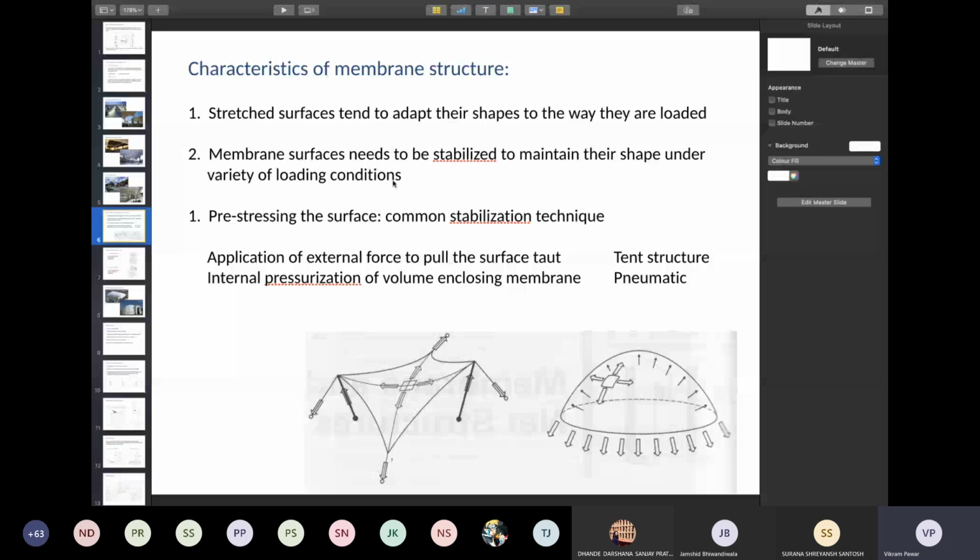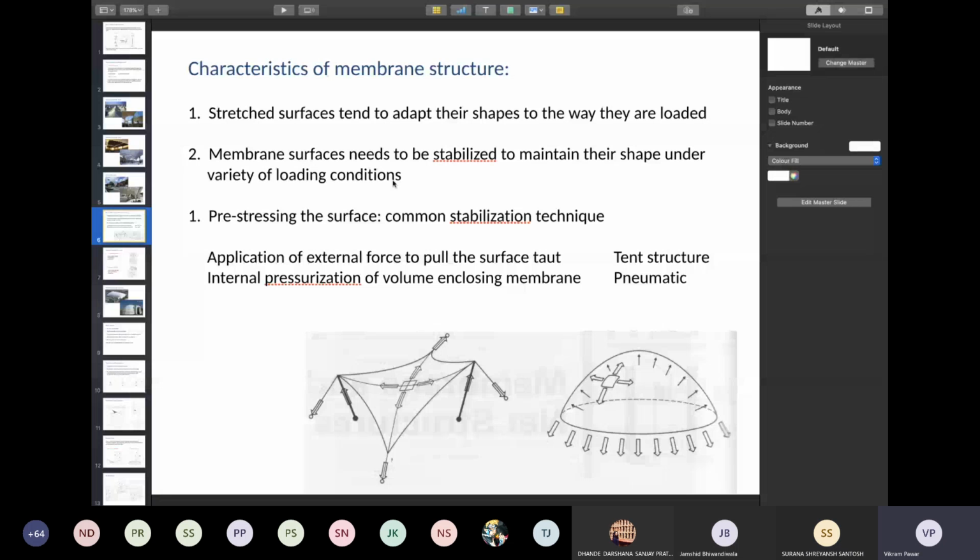So if you look at the characteristics of membrane structure, what are they? Their stretched surfaces tend to adapt their shape to the way they are loaded. They need to be stabilized to maintain their shape under a variety of loading conditions. Now, this is very important. If you just have a handkerchief, and you don't pull all four corners, you're not going to get stiffness.